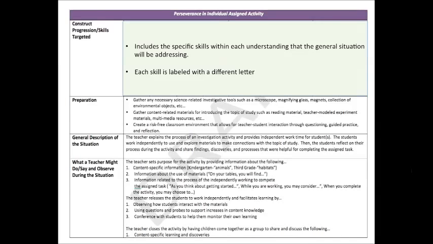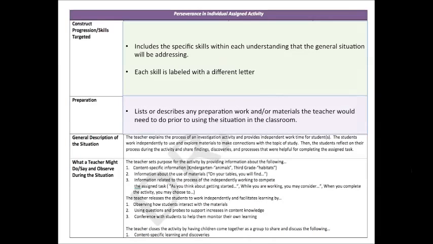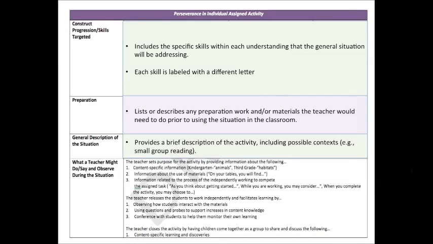The next piece of a situation is something we refer to as preparation. This is going to list or describe any preparation a teacher might need to do or any materials that the teacher is going to need in order to implement this particular activity in the classroom. The next row addresses the general description of a situation.